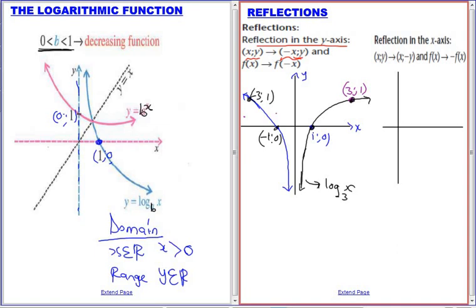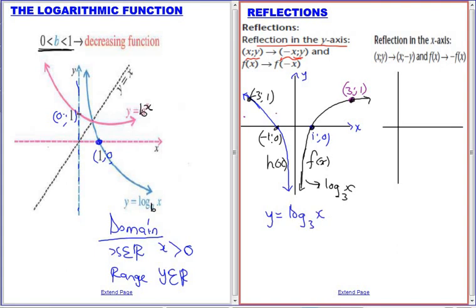But if x becomes negative, normally they will ask you to find the equation of this reflected graph. So normally they'll say, well, this is your function f(x), and then after you reflect it, there will be a function called h(x). Now, how will you get h(x)? Well, you first of all start with the equation that you had. You had log to base 3 of x.